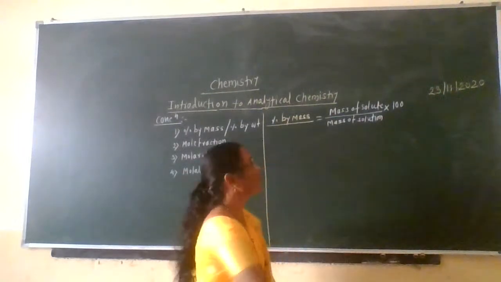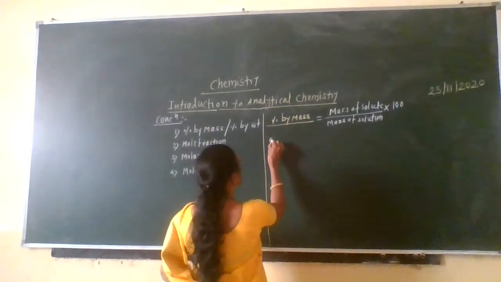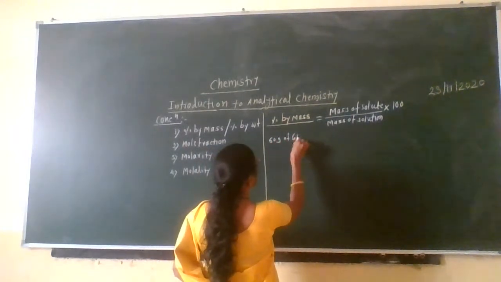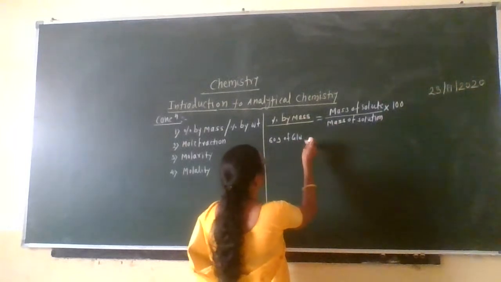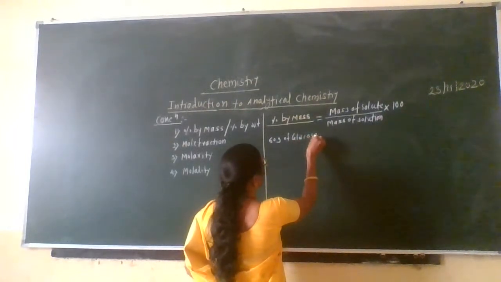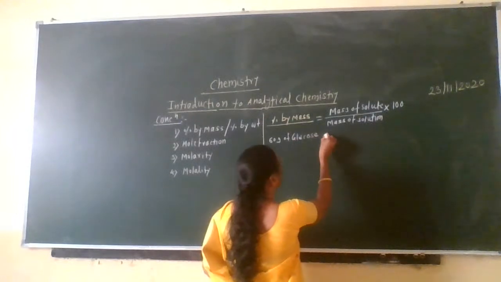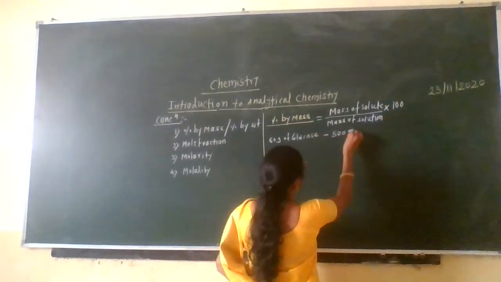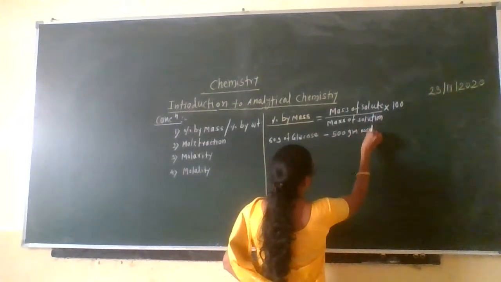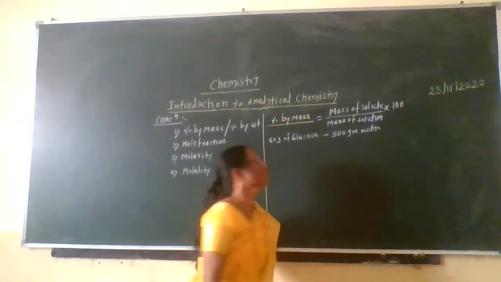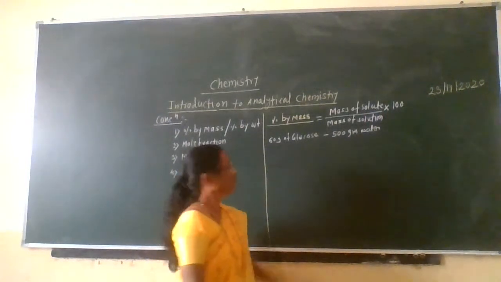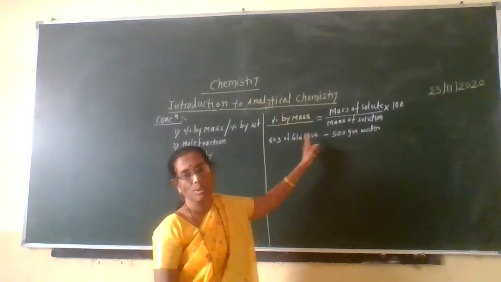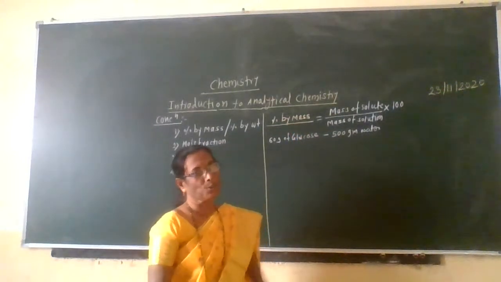For example, suppose we are given 60 gram of glucose. What have we been given? 60 gram of glucose, and it is dissolved in, suppose, 500 gram of water. And the question asked is, calculate the percentage by mass of glucose in the given solution.